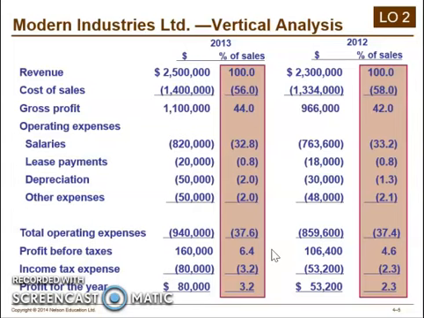Therefore, the percentage of sales that our profit for the year represents in 2013 is 3.2%. And in 2012, it's 2.3%. We want to have the highest profit for the year possible, also representing our highest possible percentage. In this case, in 2013, we have 3.2% for our profit for the year, which is also $80,000, which is higher than in 2012. So in 2013, they're actually doing much better than 2012.